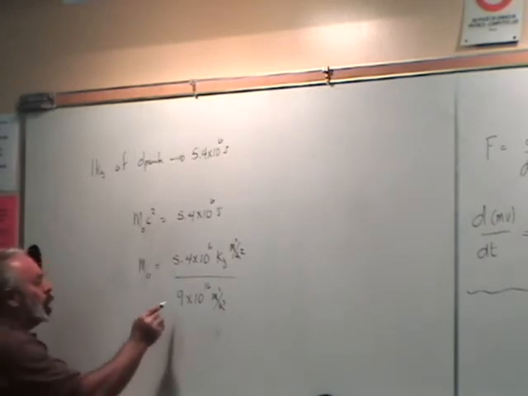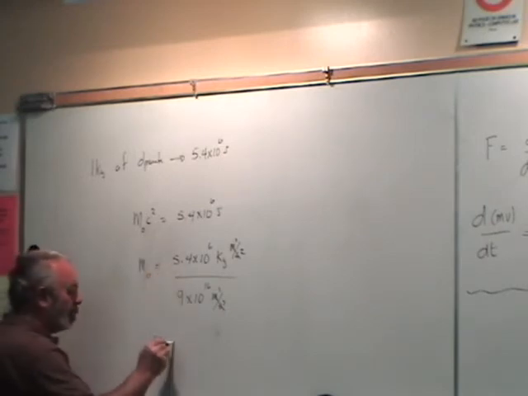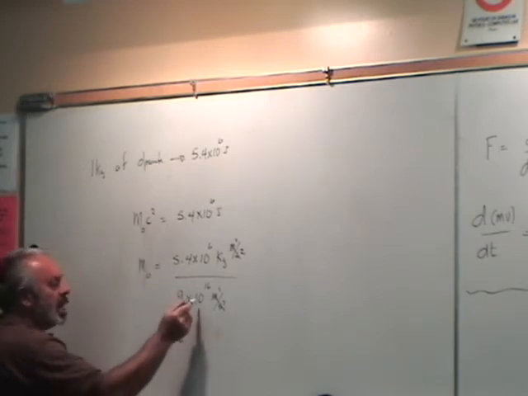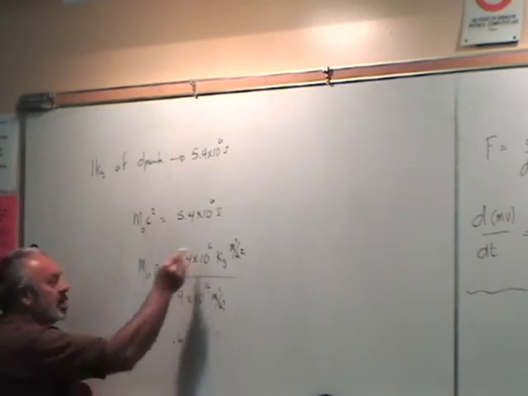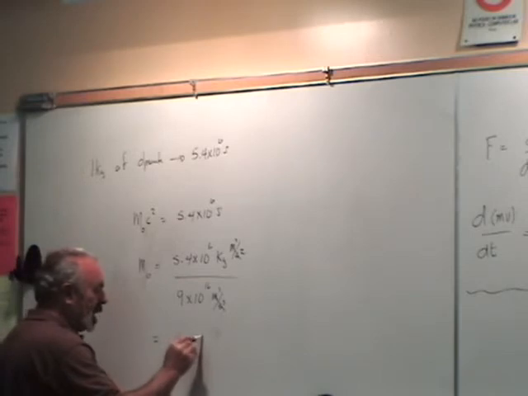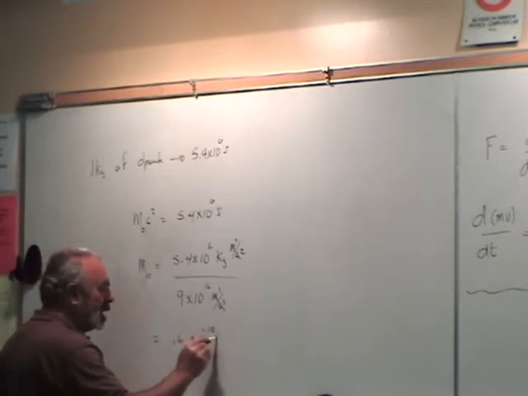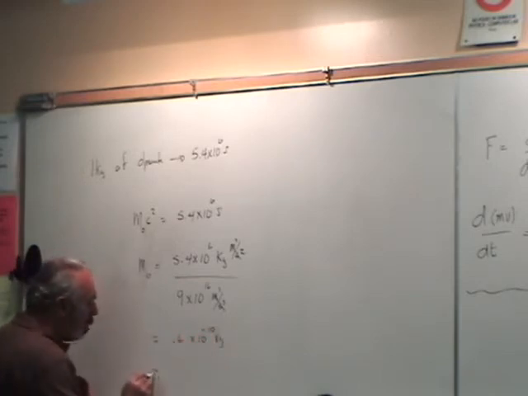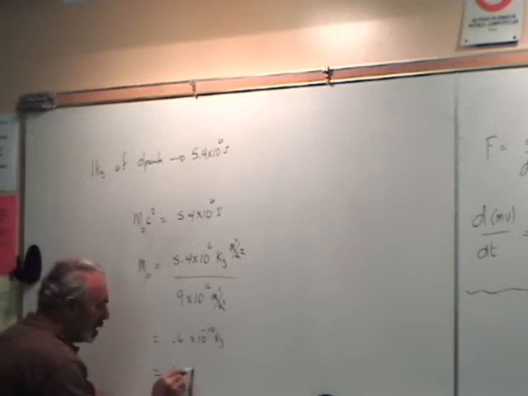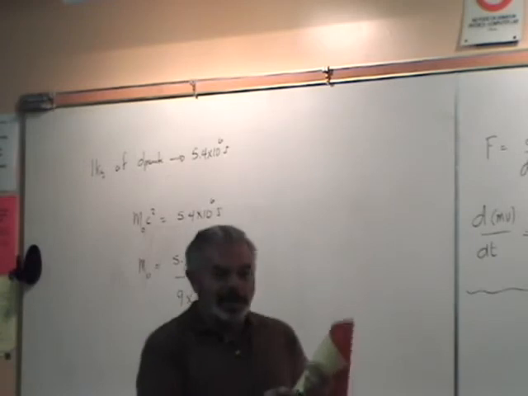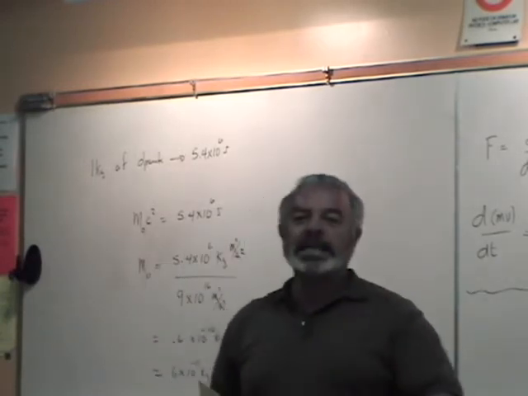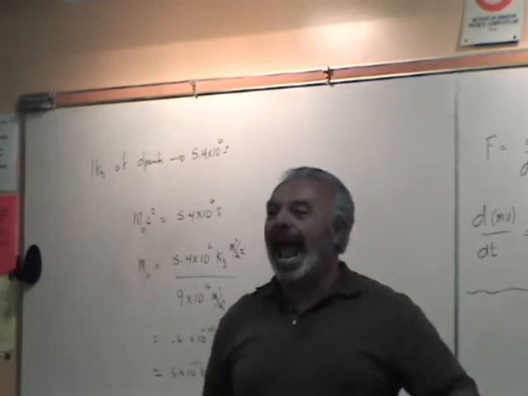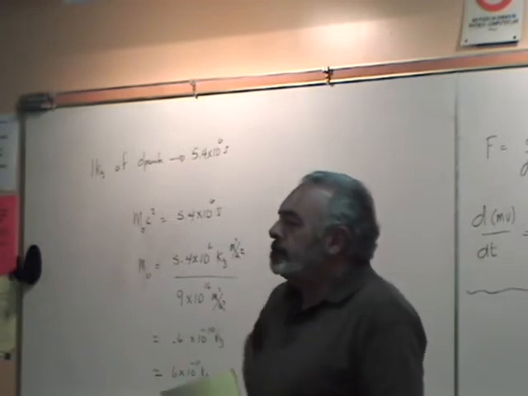And of course, we have 5.4 divided by 9, which is 0.6. 10 to the 16 downstairs, 10 to the 6 upstairs, so that's times 10 to the minus 10 kgs, or about 6 times 10 to the minus 11 kgs. I defy you to measure that after the explosion.